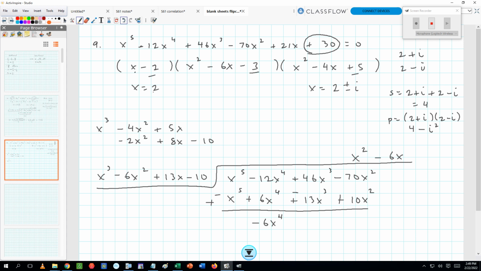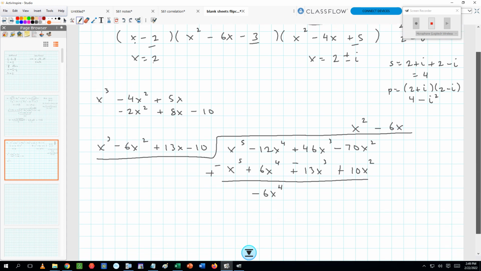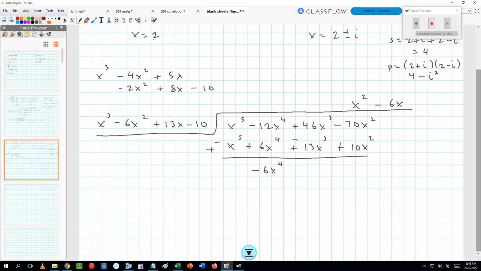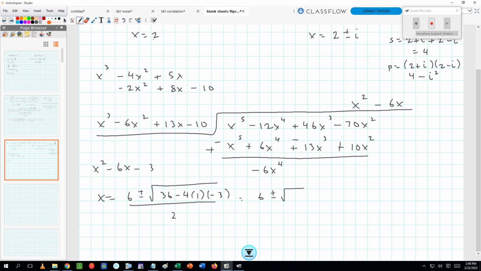I'm going to scroll down just a little bit and do the quadratic formula with that. x squared minus 6x minus 3. x is equal to negative b plus or minus the square root of b squared minus 4 times a times c, over 2a. 6 plus or minus the square root of 48.